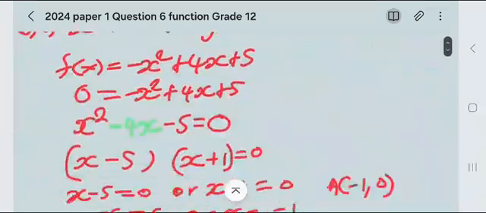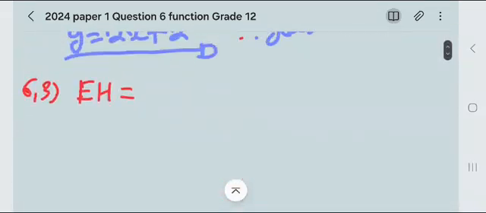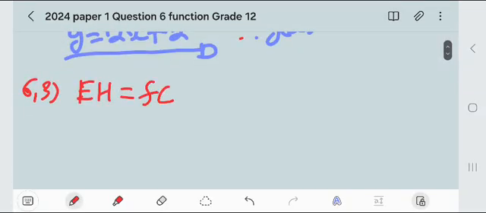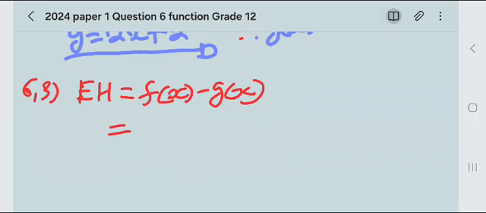This will simply be equal to f of x minus g of x. Then you substitute their equations.